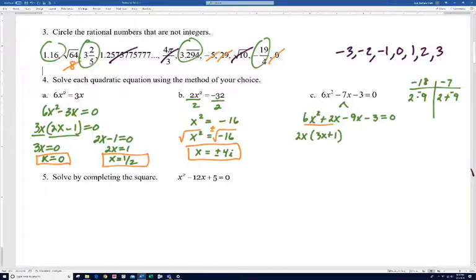Now the nice thing about doing these is we should get the same thing in parentheses, or we've made a mistake. So when I factor these two terms, I'm expecting a 3x plus 1. So really I just need to figure out what times 3x plus 1 gives me minus 9x minus 3. So to get that minus 9x, I'm going to need a negative 3 there. And notice negative 3 times 1 also gives you the other negative 3.